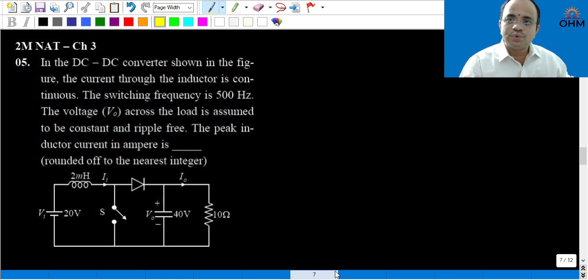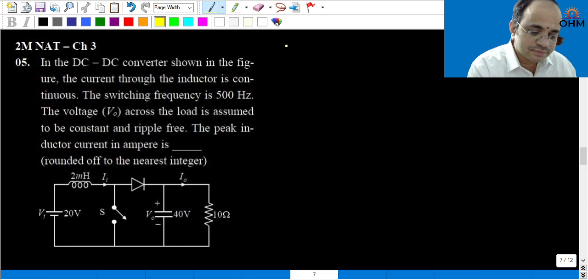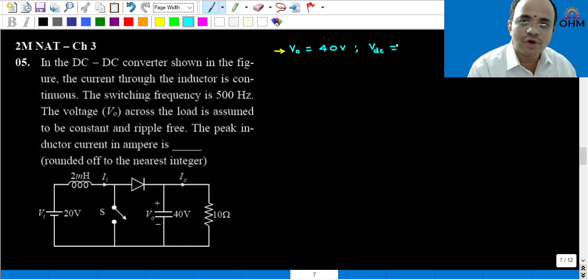So, let us do some step by step. What is given here? V0 is given 40 volt which is constant and source voltage, let me call it VDC, this is a 20 volt.